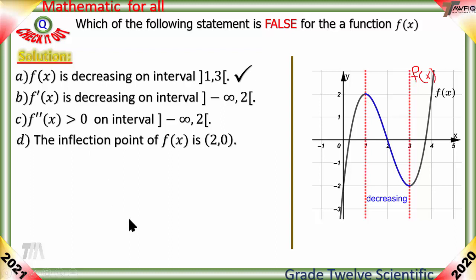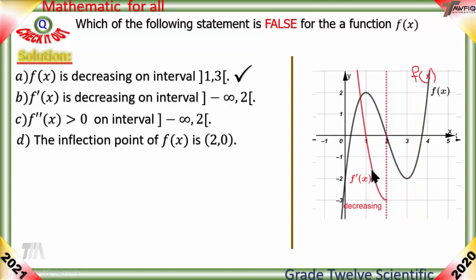And the second derivative is negative when f(x) is concave down. As you can see here, the function is concave down at this part, from minus infinity to 2. That means the second one, B, is correct.